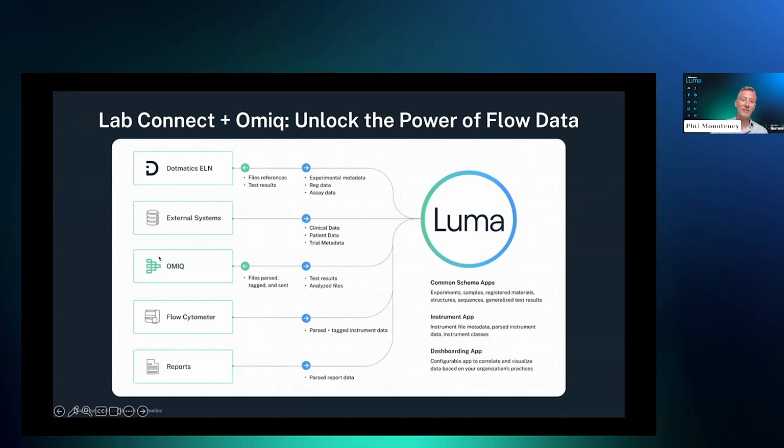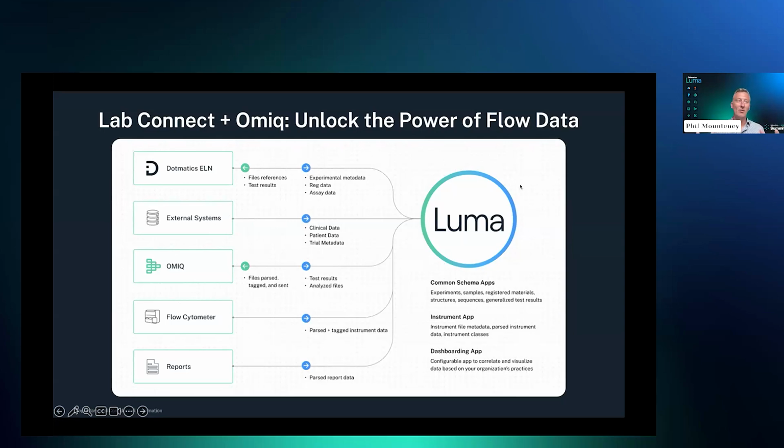Then your analysis software has to pick up that FCS file and do the analysis, generate the gates and the numbers. And then the ELN in this case is where we actually made the request for this analysis in the first place. We can also supplement that request with registration and additional assay data. You can connect external systems if you choose, and you can also pull in reports.